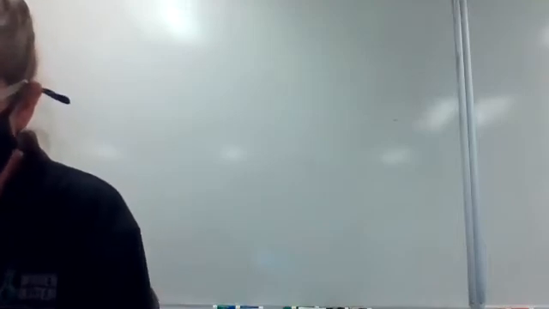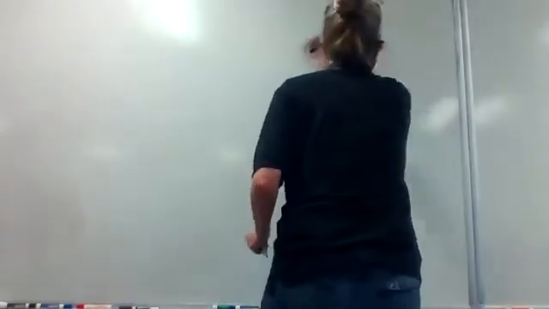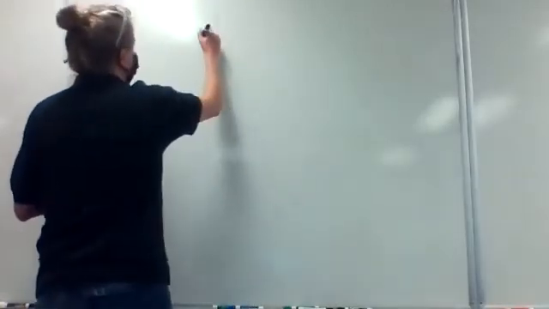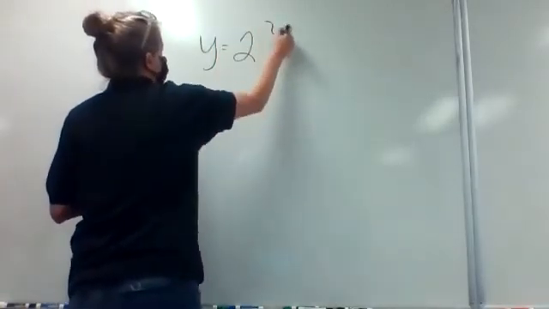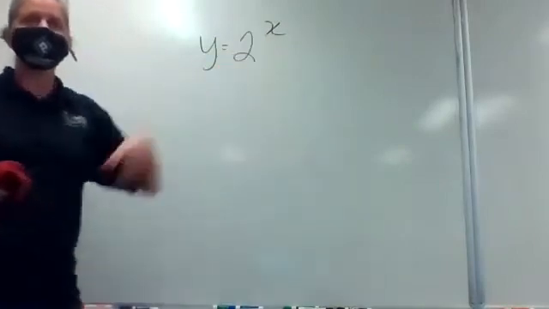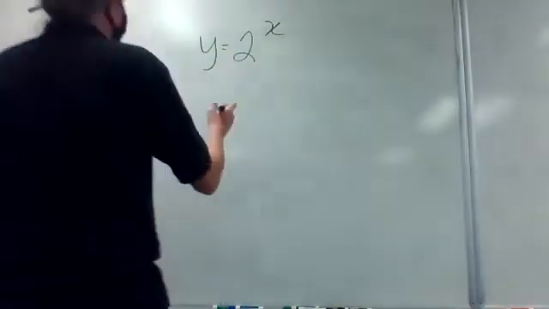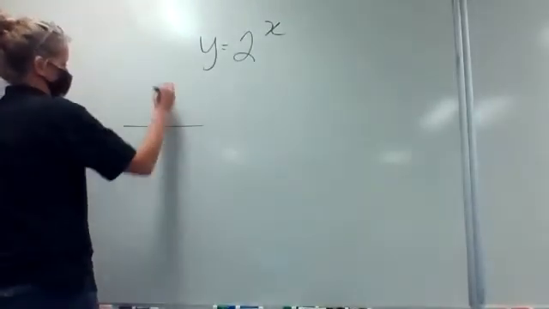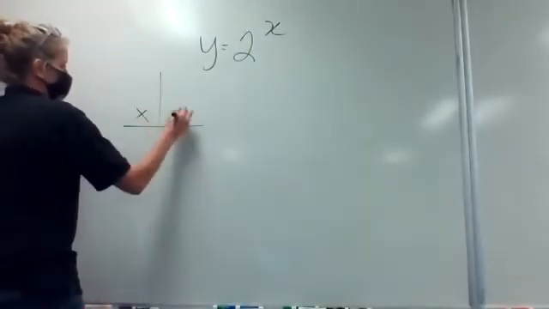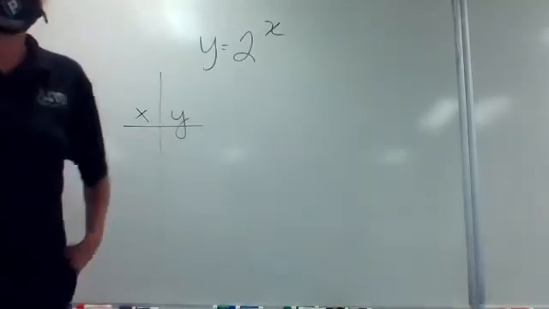So it says to graph this on paper and then choose the correct graph. So y equals 2 to the x power. Again, an exponential function is when the x of your function is in your exponent. Okay, so let's plot some points from this function.